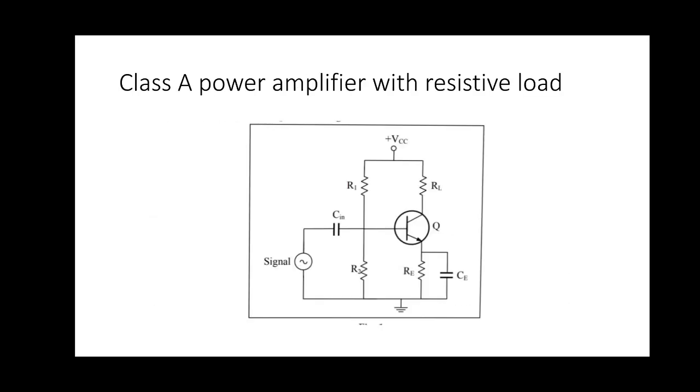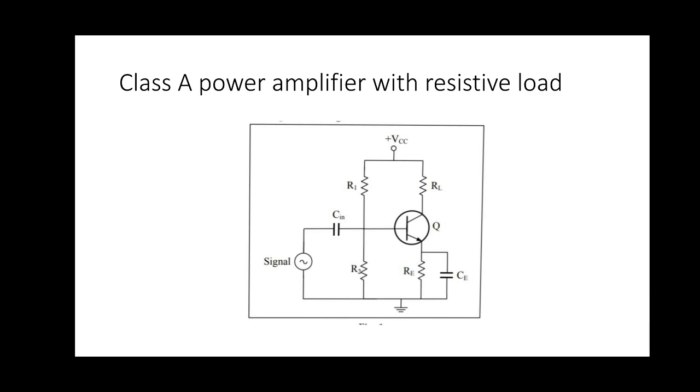This is a class A power amplifier circuit with a resistive load. We already know the voltage amplifier is similar, but the difference is the input signal.